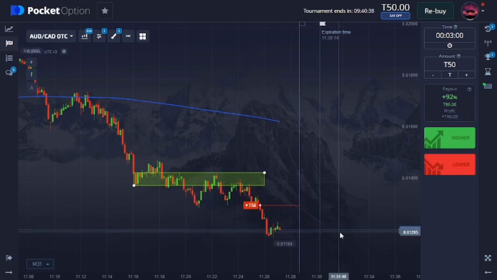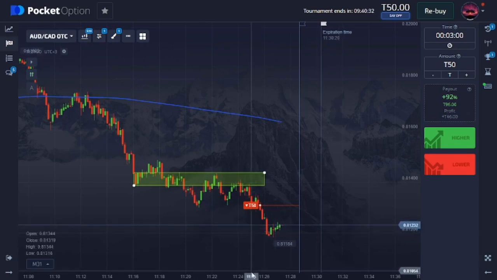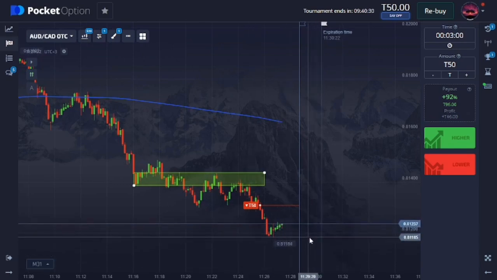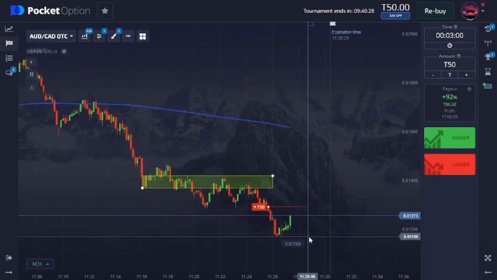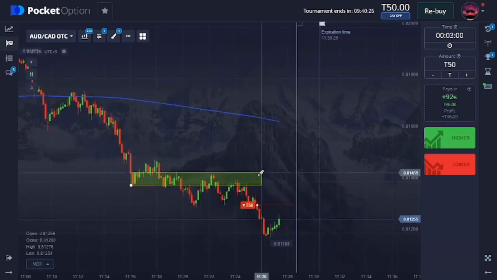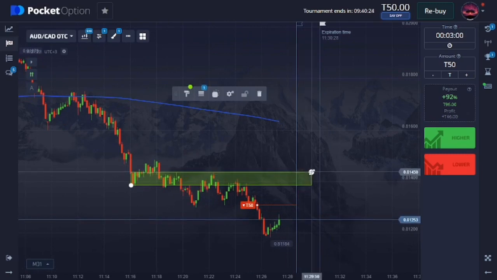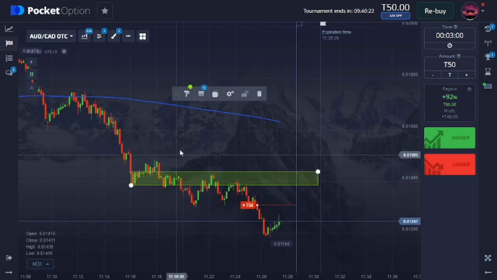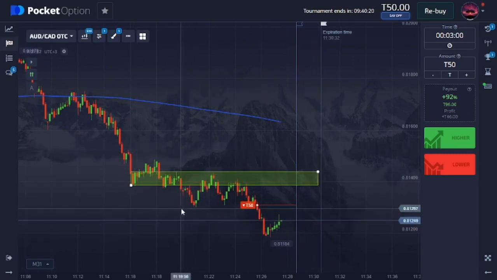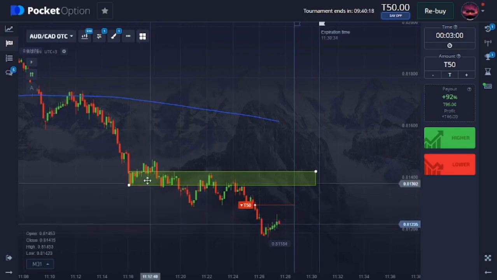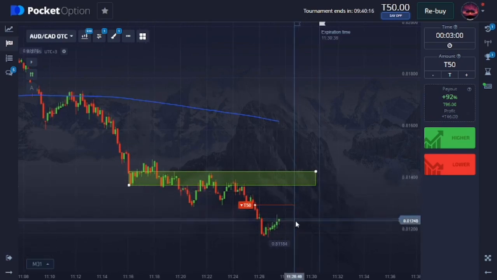But the retail concept has been used since the beginning of trading. And I am using both the retail and the smart money concepts.